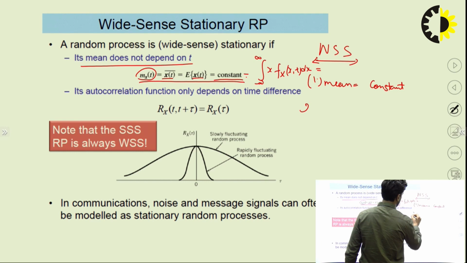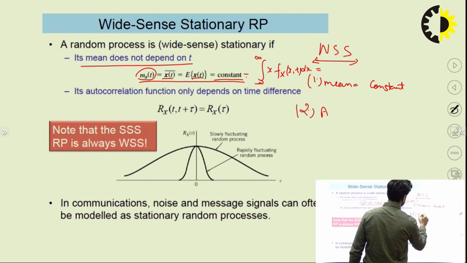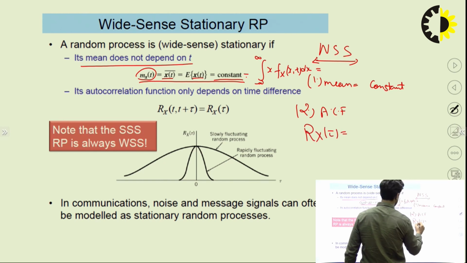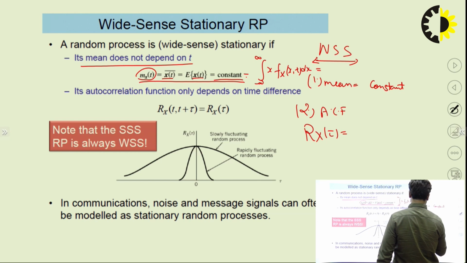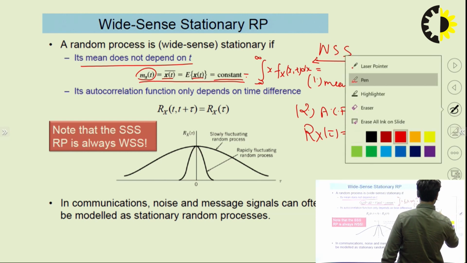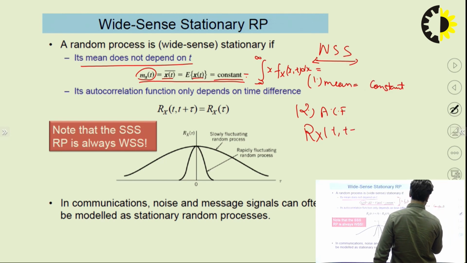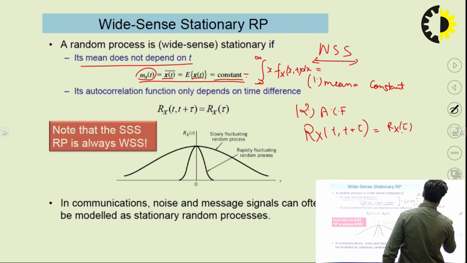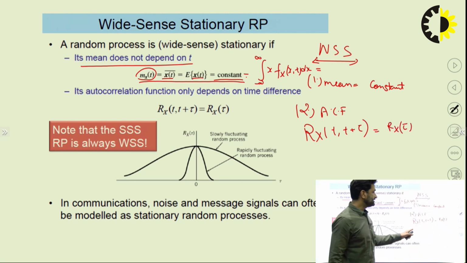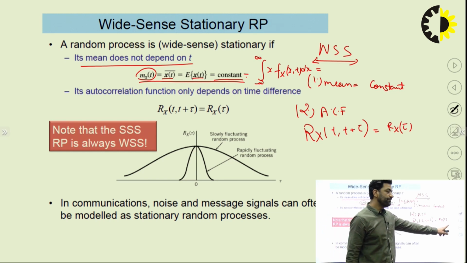The second parameter is the autocorrelation function, ACF, denoted by capital R_x(tau), which is E[X(t) X(t + tau)]. It depends only on the time difference.